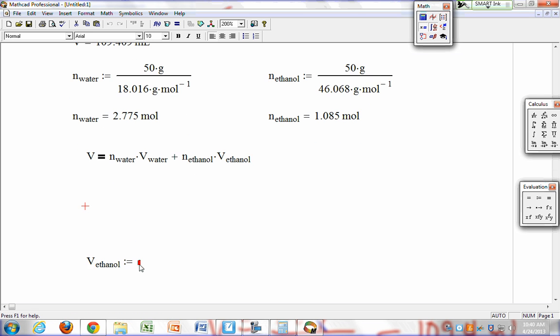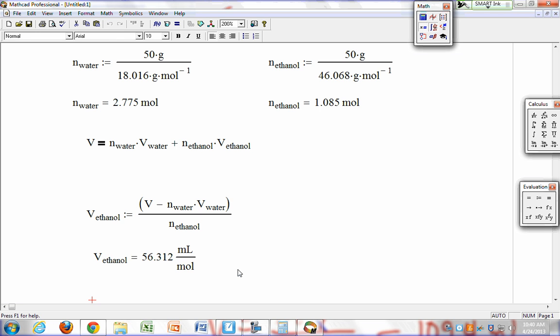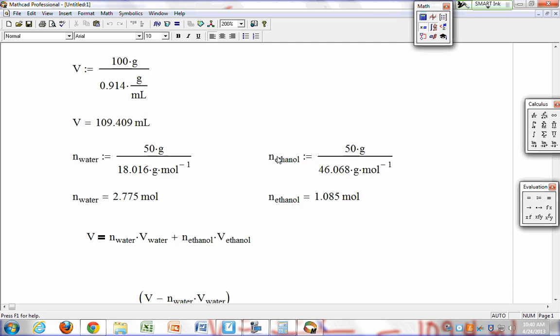Copy and paste that here. So partial molar volume of ethanol equals this many mL per mole: 56.3 milliliters per mole. That's how you solve for it.